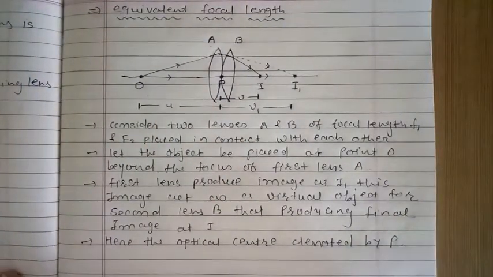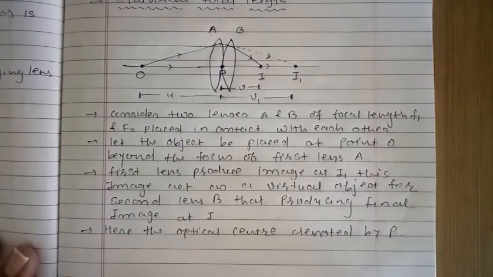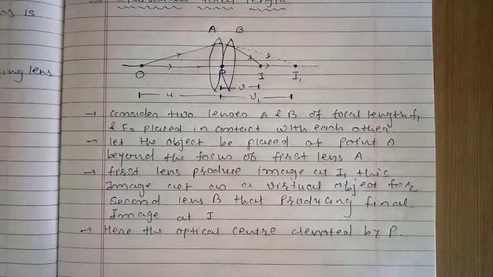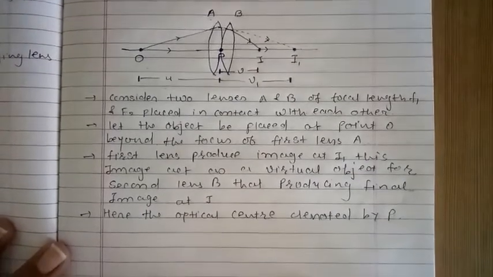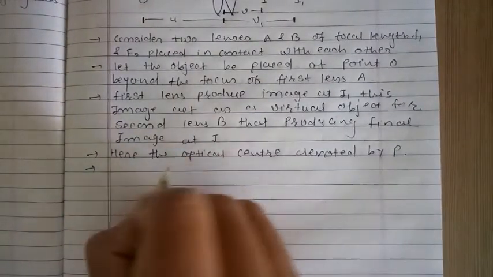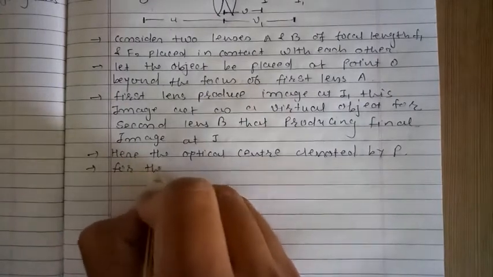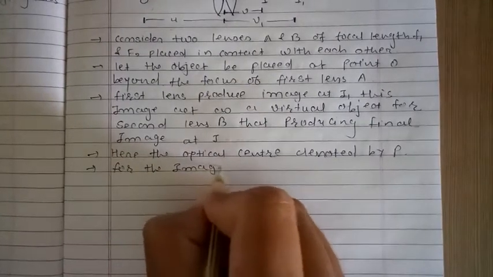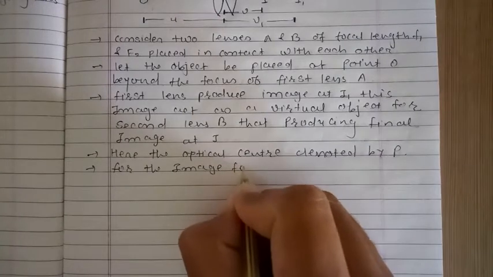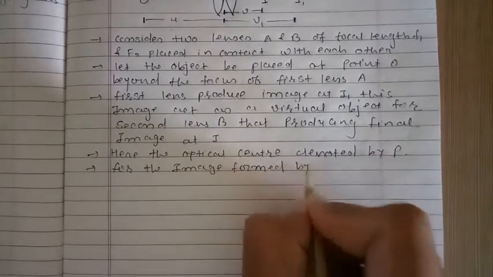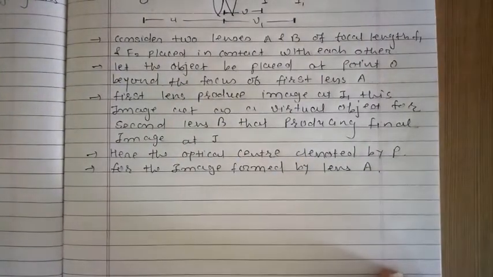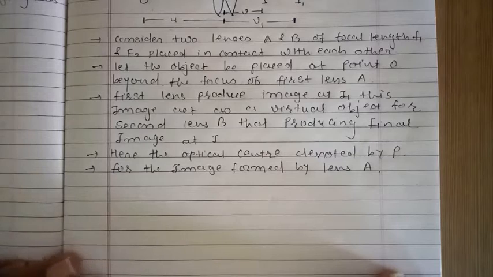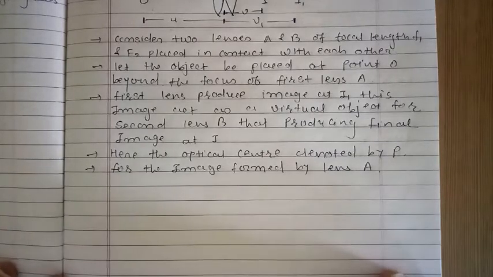So first of all we write the lens formula for lens A and then lens B, right? For the image formed by lens A, we can write the formula. We know the formula: 1 by v minus 1 by u is equal to 1 by f.